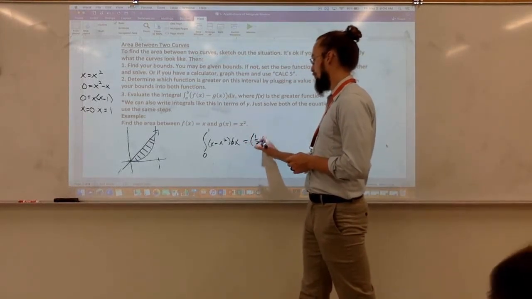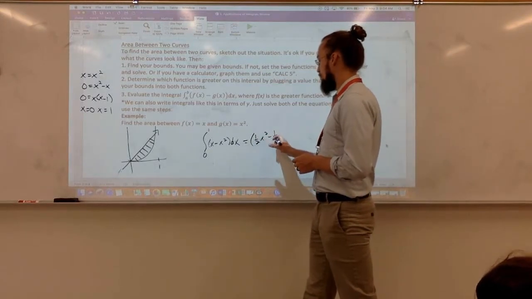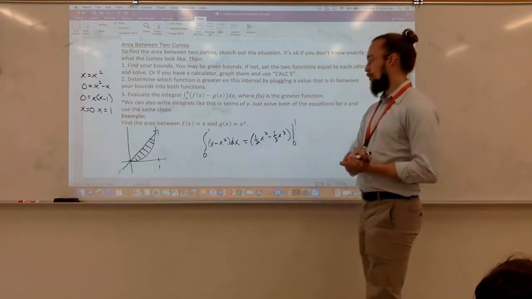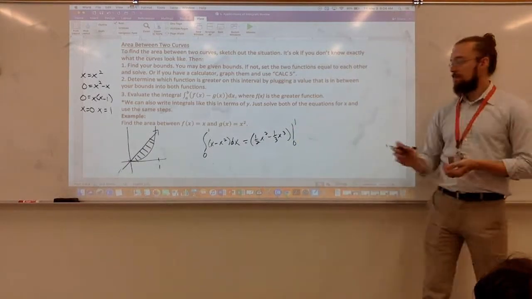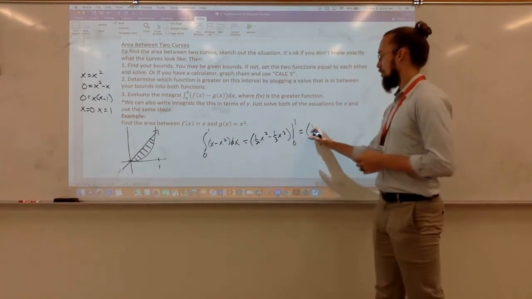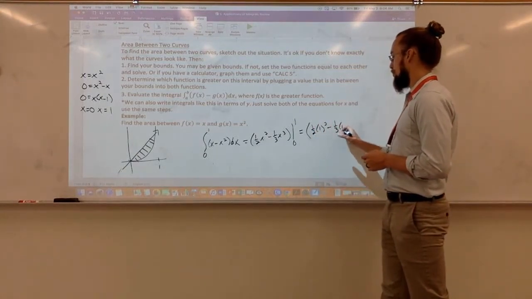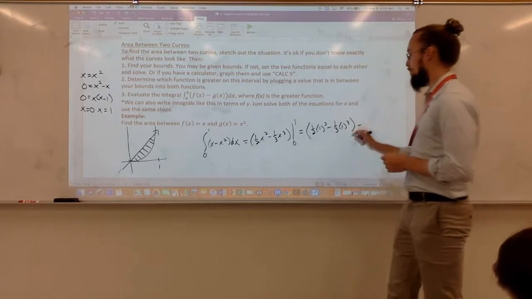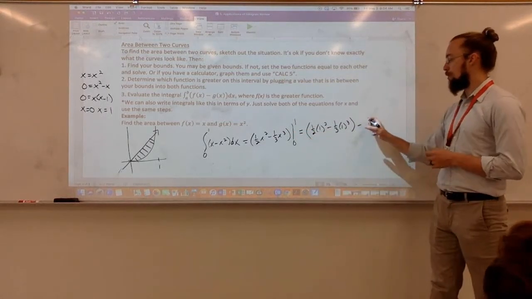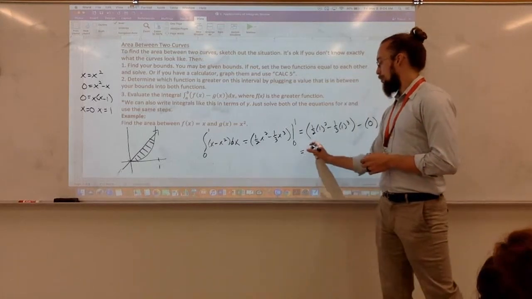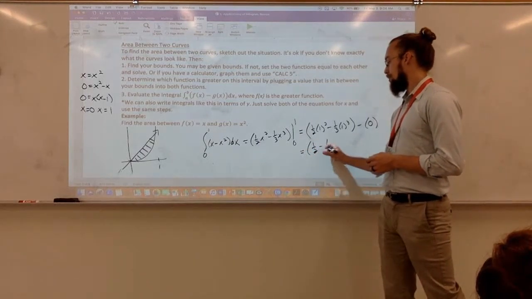So 1/2 x squared minus 1/3 x cubed between 0 and 1. So plug in 1. 1/2 times 1 squared minus 1/3 times 1 cubed minus, if I plug in 0 to both of those, I'll just get 0. So I end up with 1/2 minus 1/3.